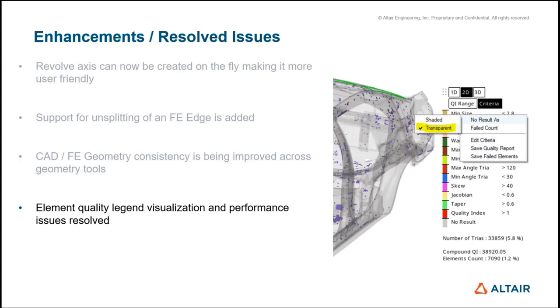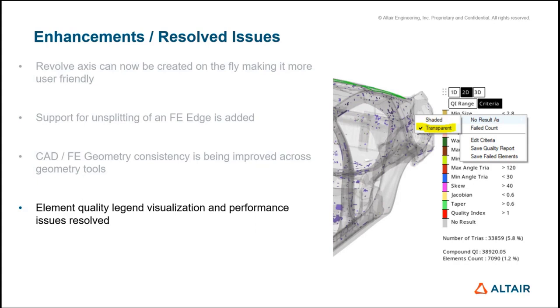The other issue with this was that since 2D has been there for a while, it was all set, and there were certain visualization options, as you can see on the screen, where we can show no result under the shaded mode or a transparent mode.